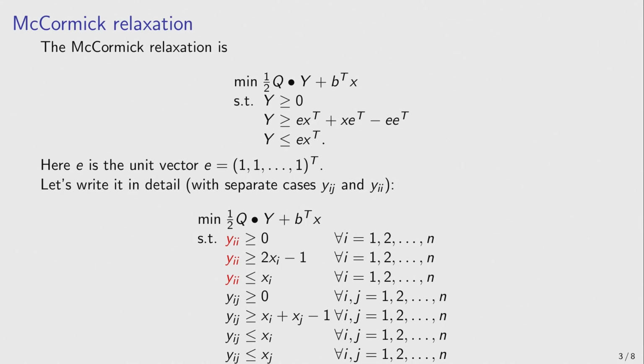are what you need. These are the 3 inequalities that are the McCormick constraints for yii equals xi times xi, so xi squared.